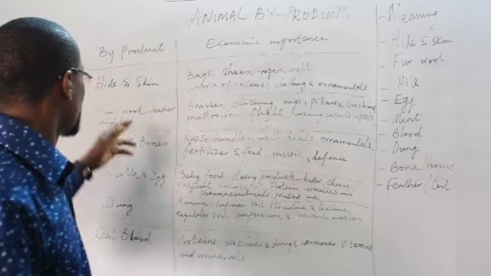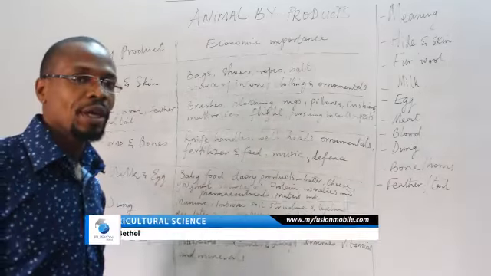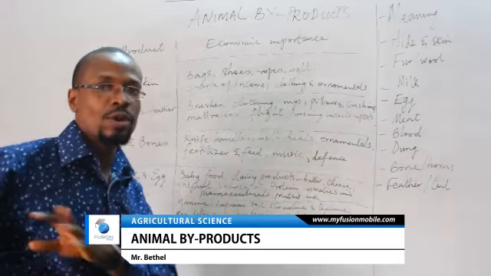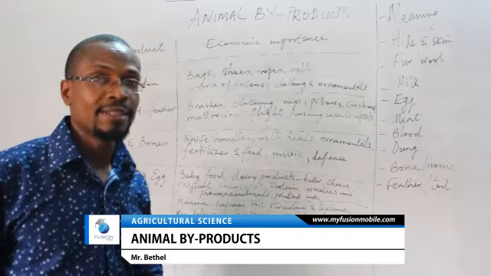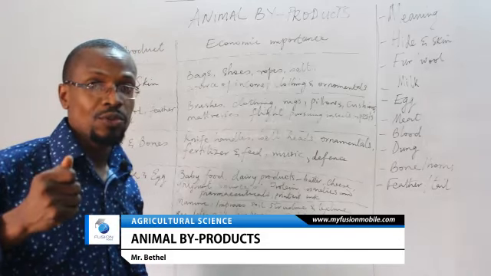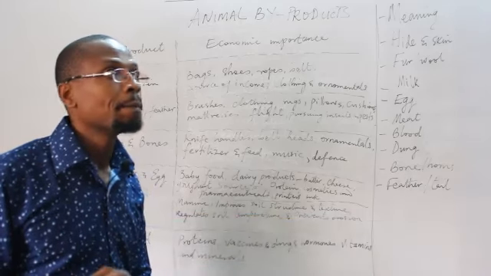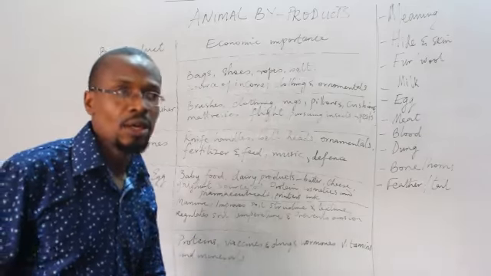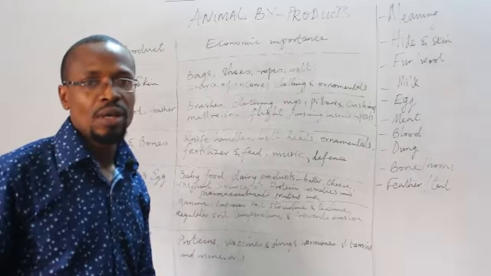Then we look at fur, wool, feather and tail, okay. You know that tail that the cow uses to chase away flies, okay. That tail that it uses to ward off flies. And sometimes in the traditional settings, we use it just for decorative purposes, okay.